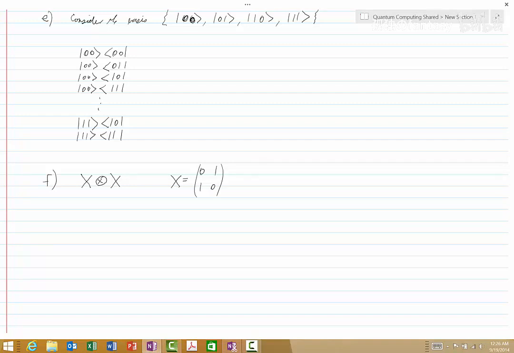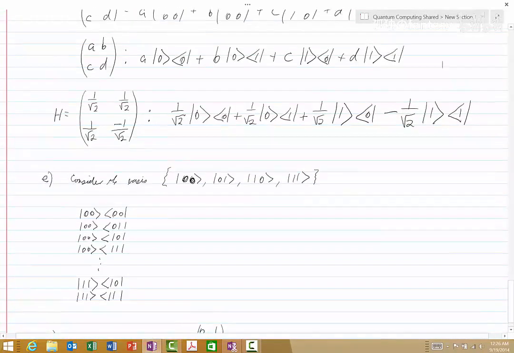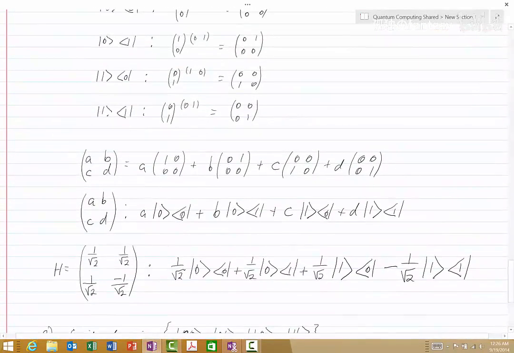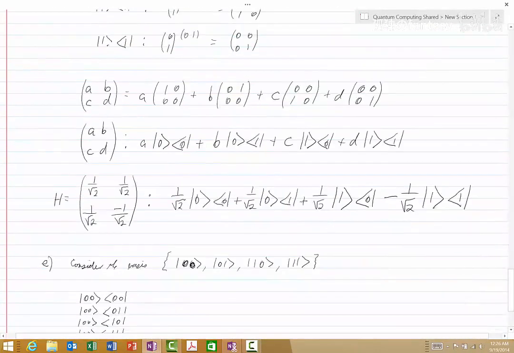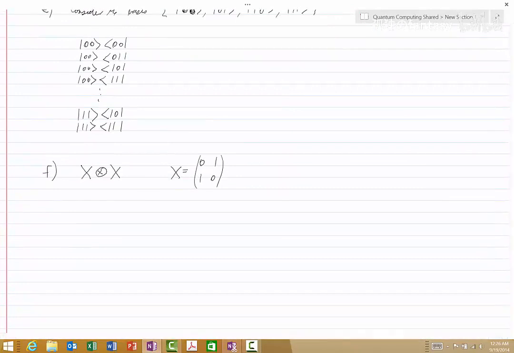So we learned in our work here on part A of this problem that X, when we put this operator in Bra-ket notation, corresponds to |0><1|.